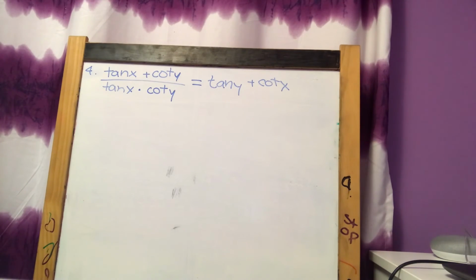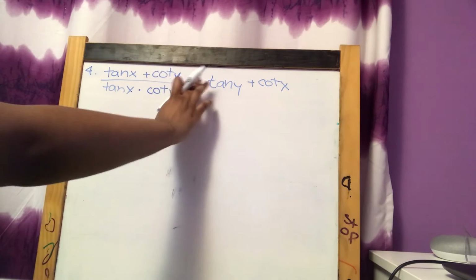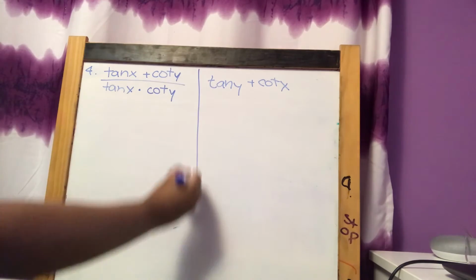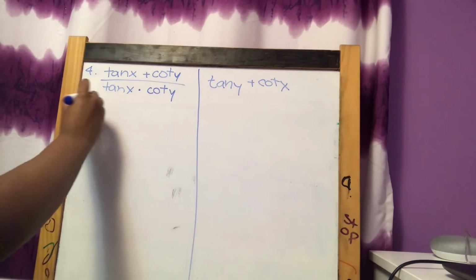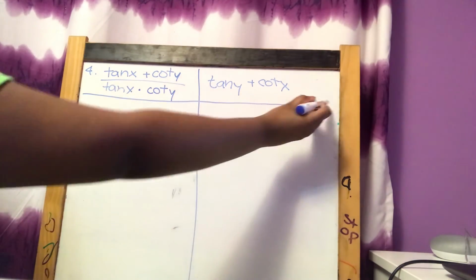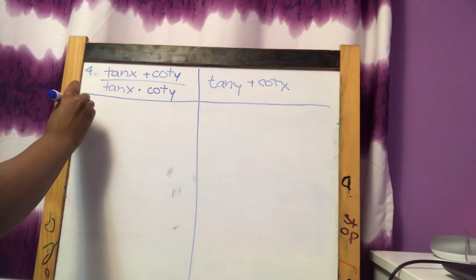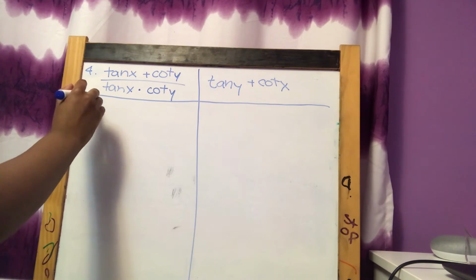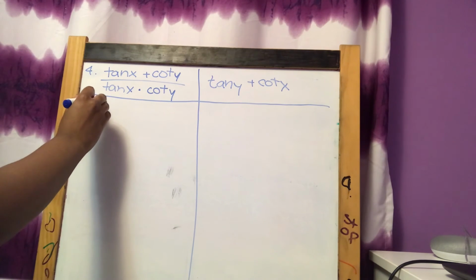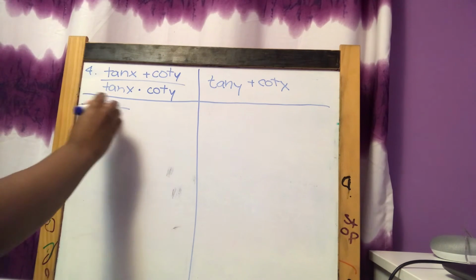Okay, so moving on to the last and final question of the screencast. It's tan x plus cotangent y over tan x times cotangent y, and that would equal tan y plus cotangent x. The first thing I tried to do was basically split them in half.